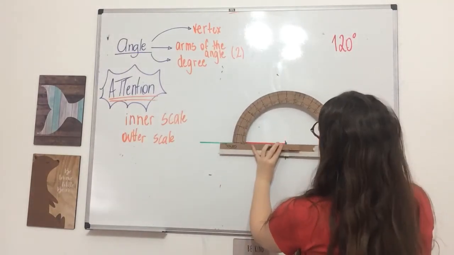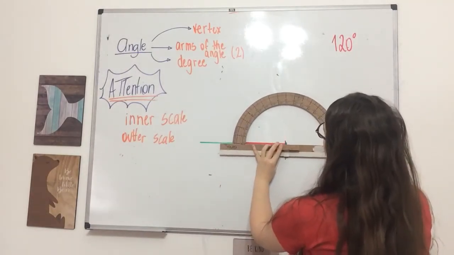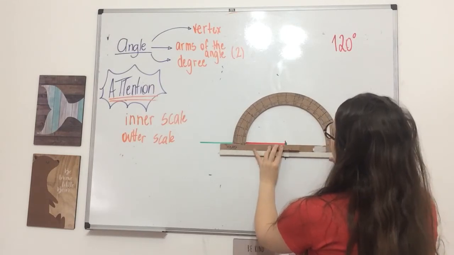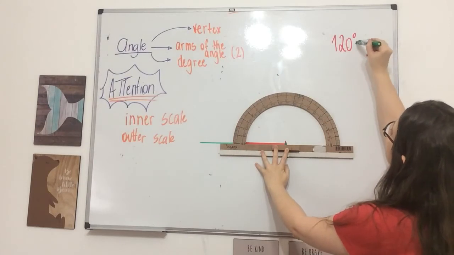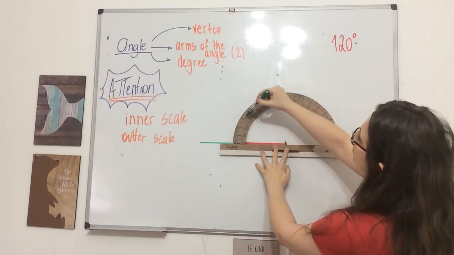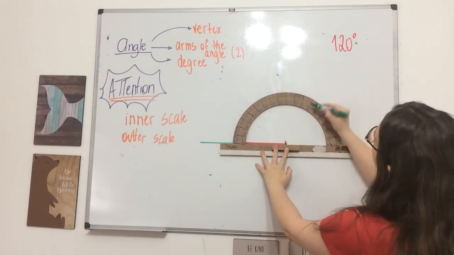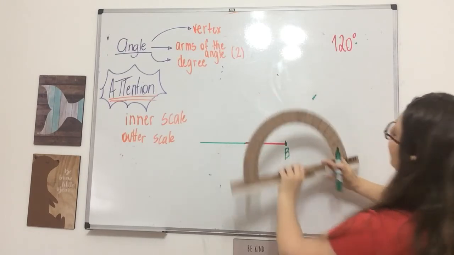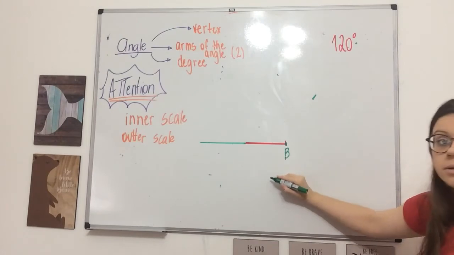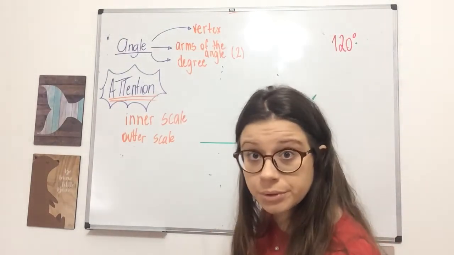And now I am going to follow my scale. So here I am using the outer scale and I find 120. 10, 20, oh, here is 90, 120. Here is going to be my angle. I am not going to do this because it is geometry and I use the ruler.